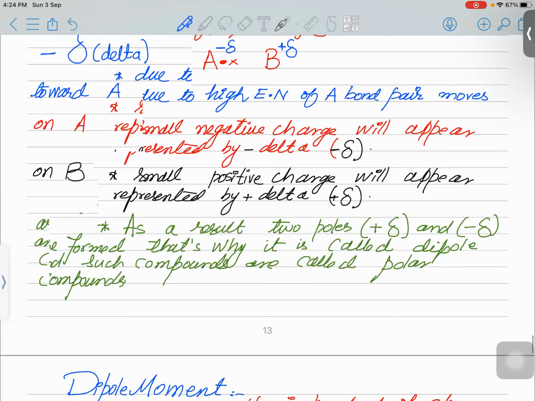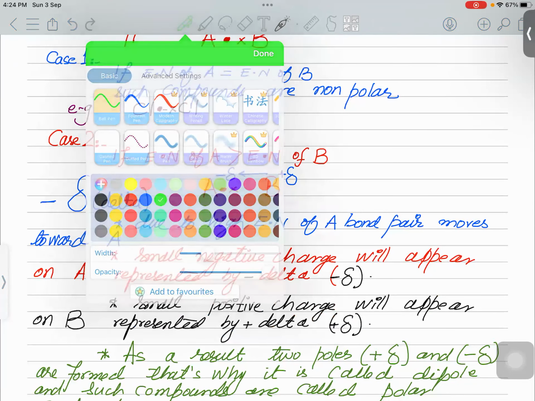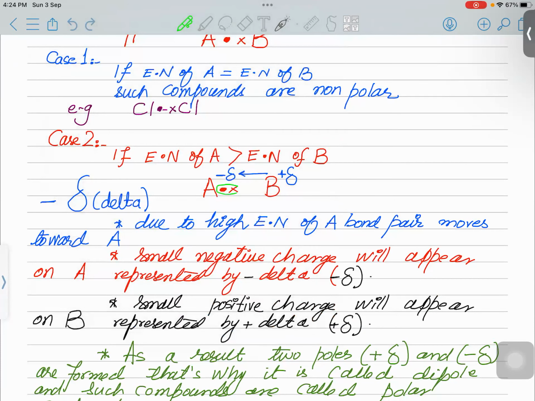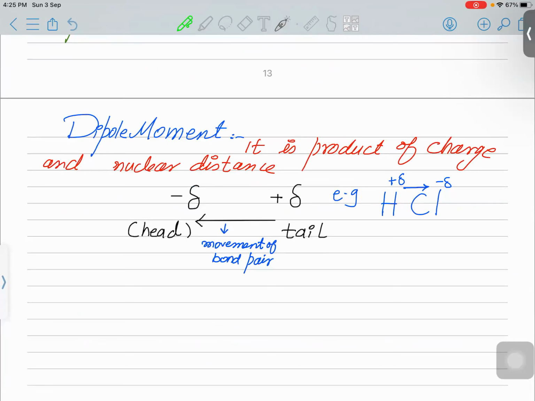As you can see, the bond pair moves here. This is the bond pair. Are you getting my point or not? Yes, sir.